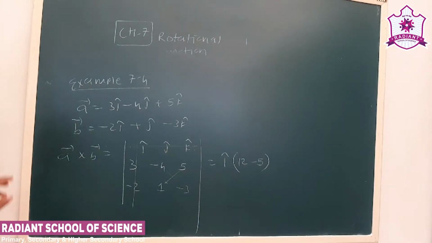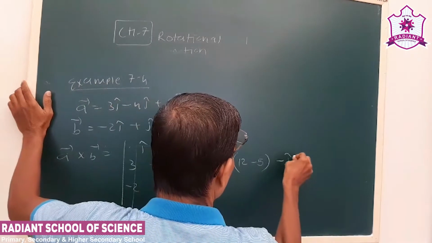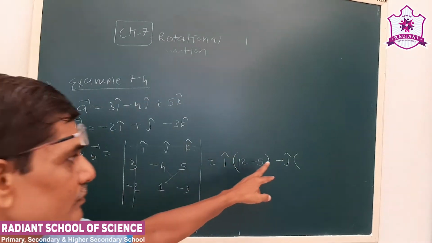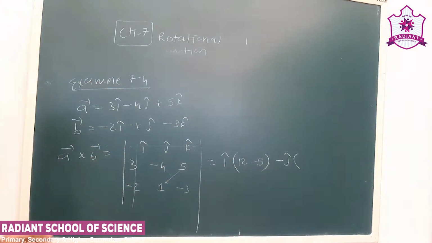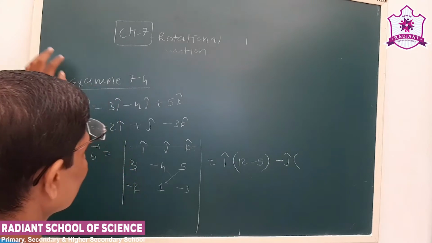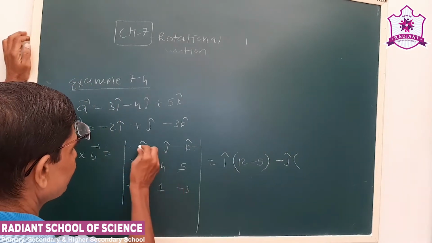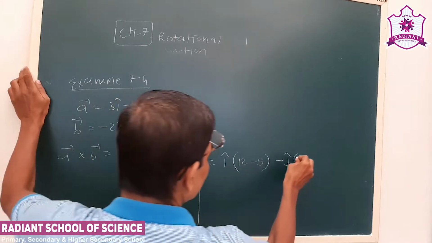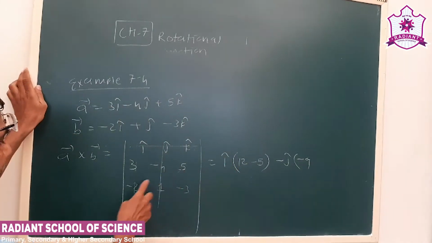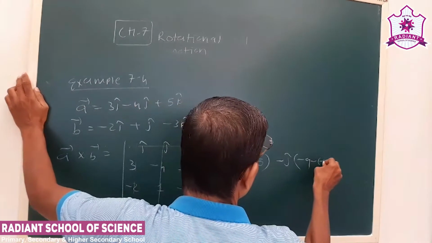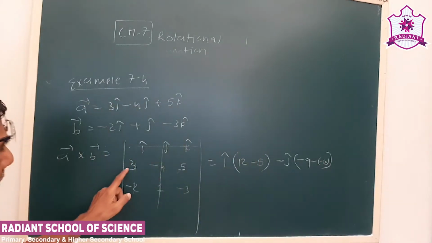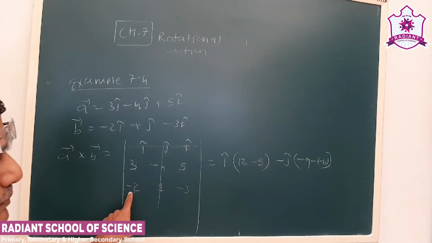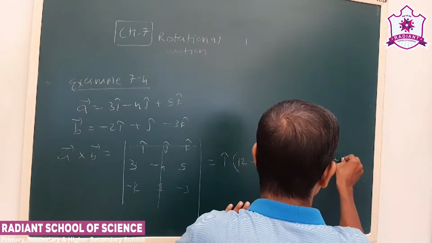Now to continue the process we have taken a minus j, so the work becomes easy. For the coefficient of j caret: 3 into minus 3 is minus 9, and minus 10, but again there is a negative sign. So minus 9 minus 10, plus k caret.